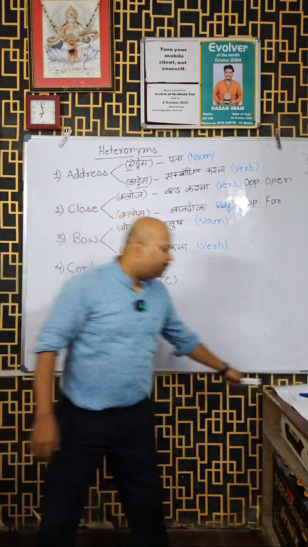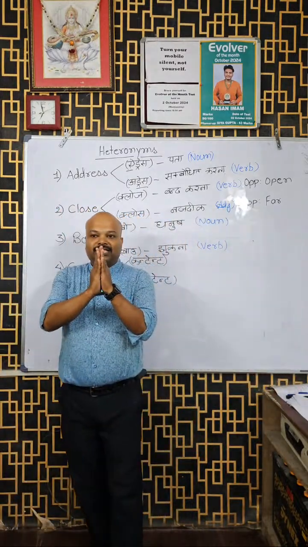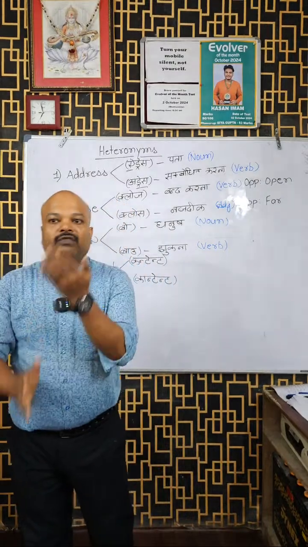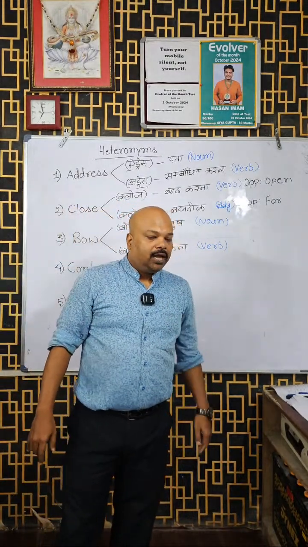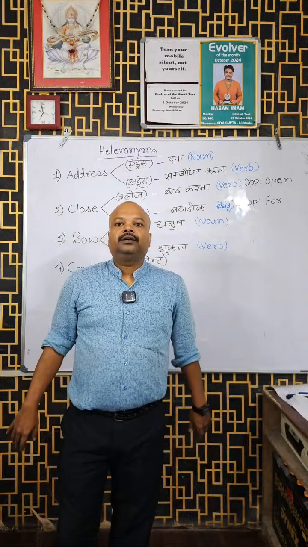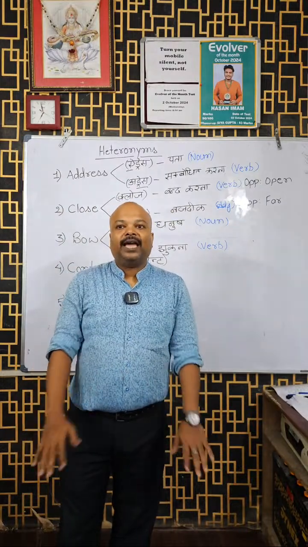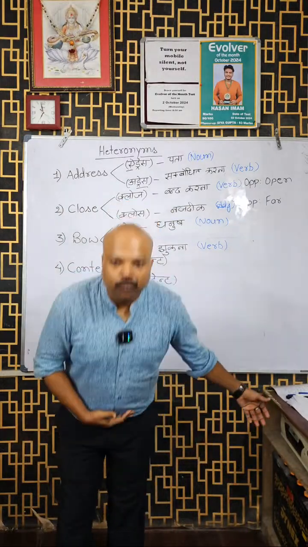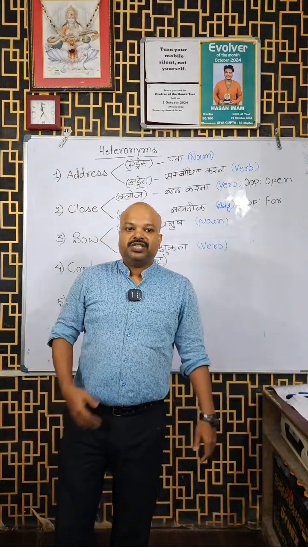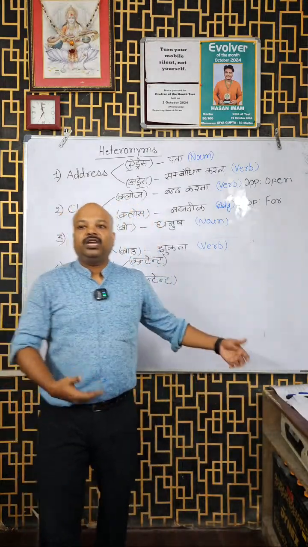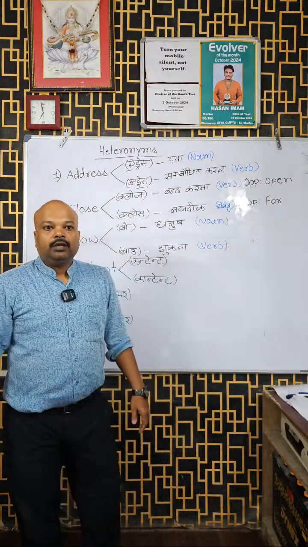We greet somebody by folding our hands like this. We do namaste or we do adab in India. But in China, in Japan, you find people bowing to each other to greet. This is their bowing gesture. This is the way they greet each other. They bow. Jhukna.